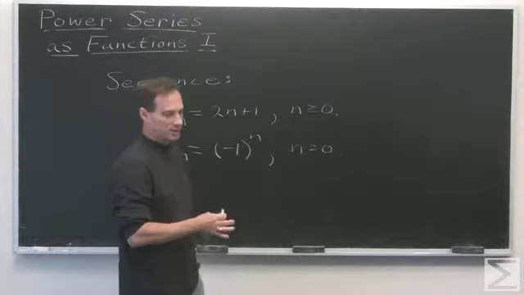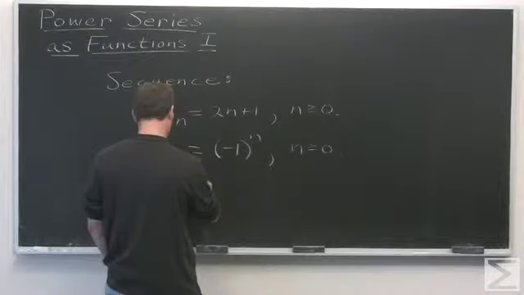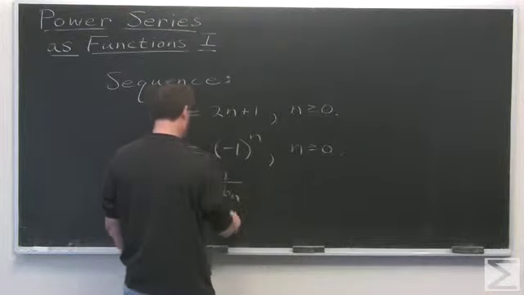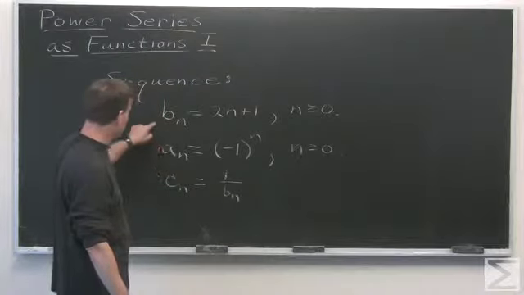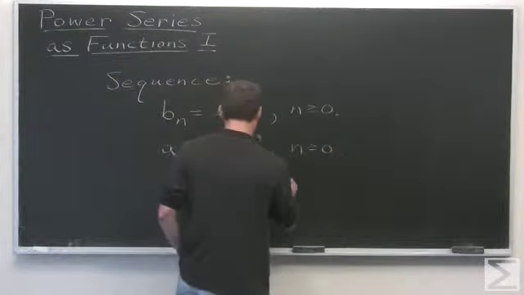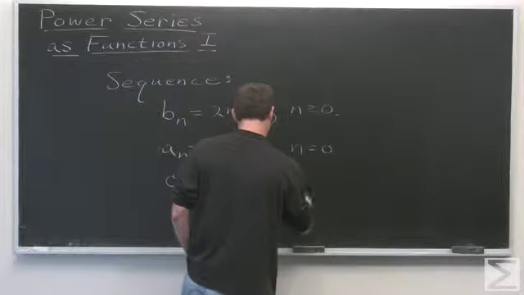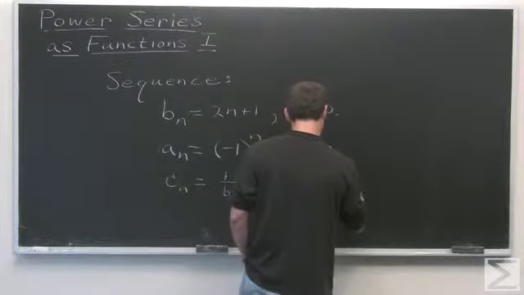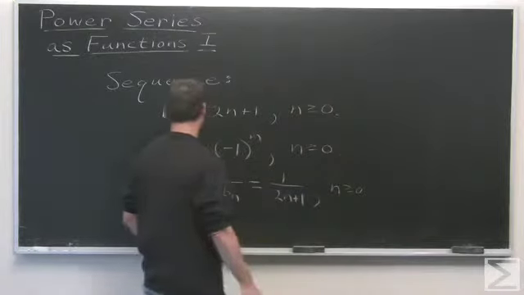And the index doesn't have to be n. In fact, I'm going to switch to k for reasons that I'll explain when I do it. c sub n equals 1 over b sub n, so equals 1 over 2n plus 1, for n greater than or equal to 0. These are all examples of sequences.